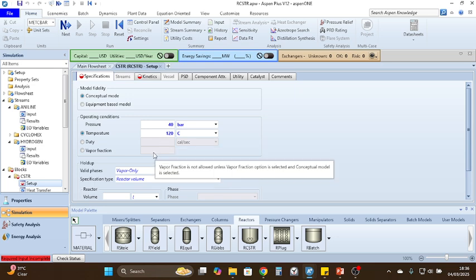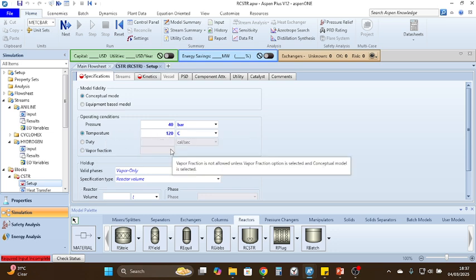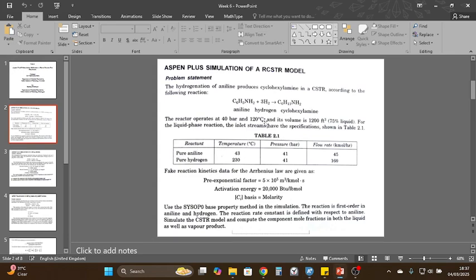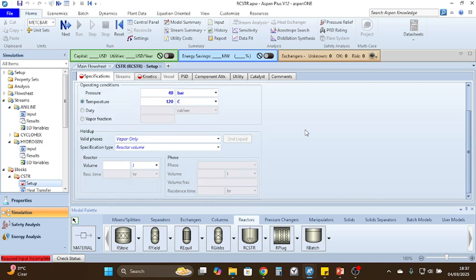Okay, and also vapor fraction. You can see over here it is written that vapor fraction is not allowed unless vapor fraction option is selected and conceptual mode is selected. So since we are using conceptual mode, we have two options. We can either specify the temperature or vapor fraction. Since the temperature is mentioned in our problem, we are sticking to the temperature of the reactor.